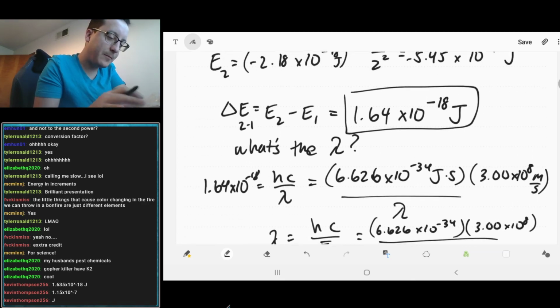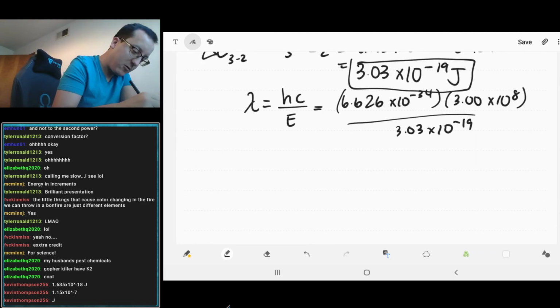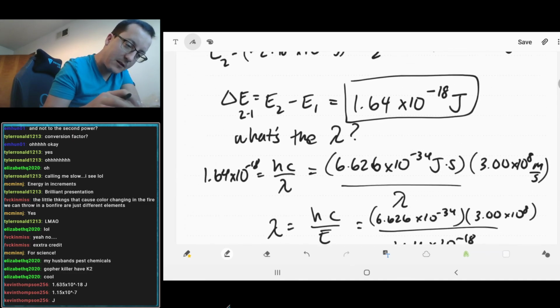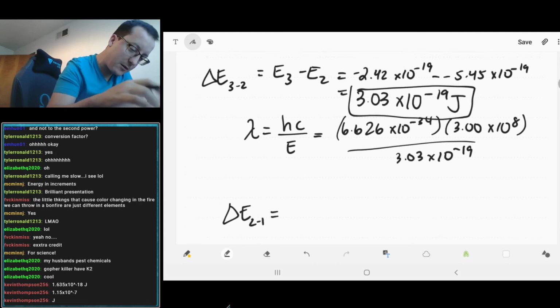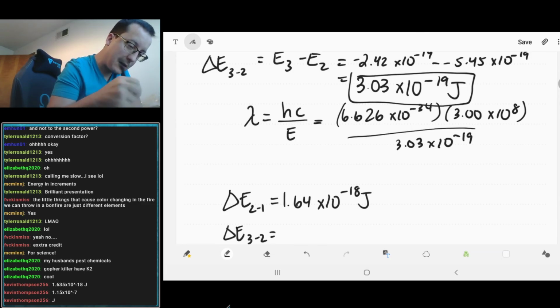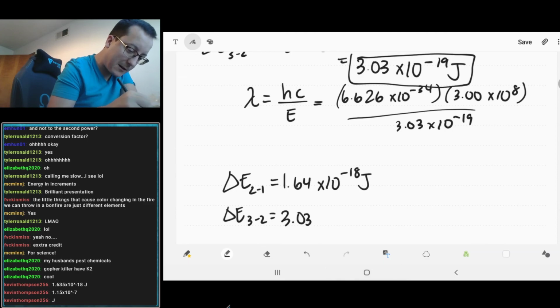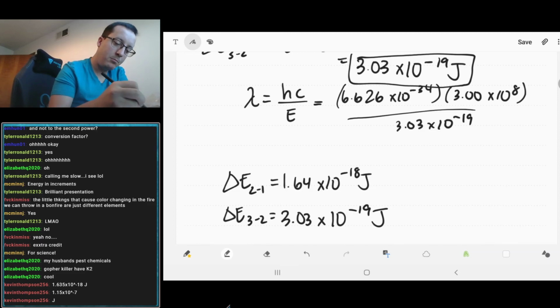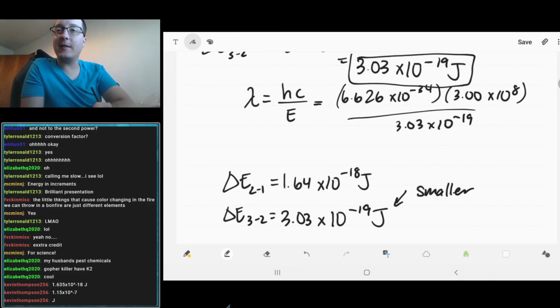Which is bigger? So remember, delta E from 2 to 1, I'll just copy the numbers, was 1.64 times 10 to the negative 18 joules. The change of energy from 3 to 2 was 3.03 times 10 to the negative 19 joules. And so we see that this energy is going to be smaller.